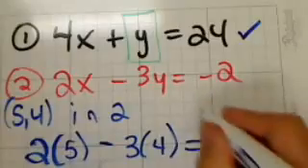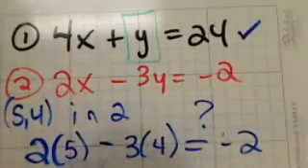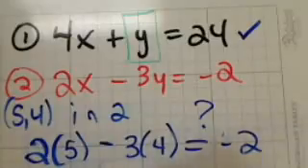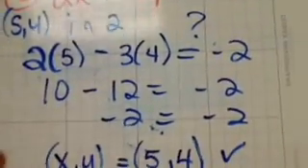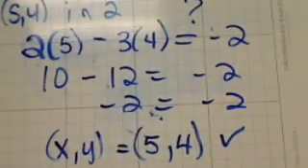Is that equal to minus 2? And I'll get 10 minus 12 equals minus 2, and minus 2 equals minus 2. So I see that yes, finally, x comma y is equal to 5, 4, and I've checked it in the solution.